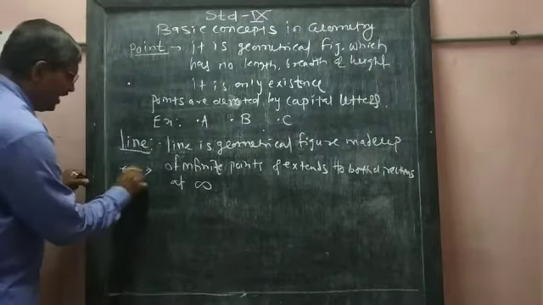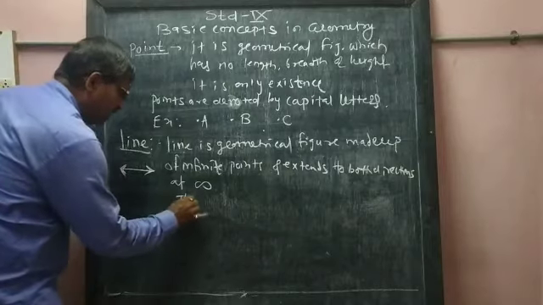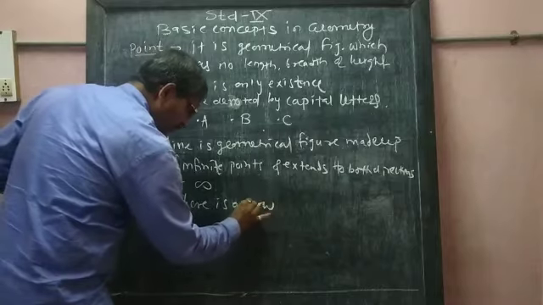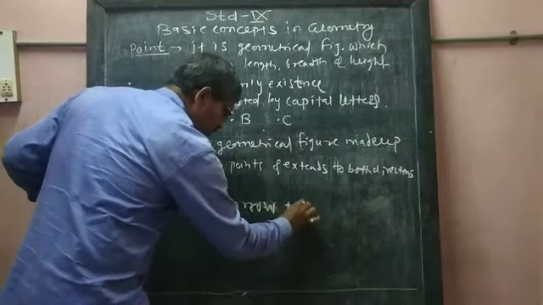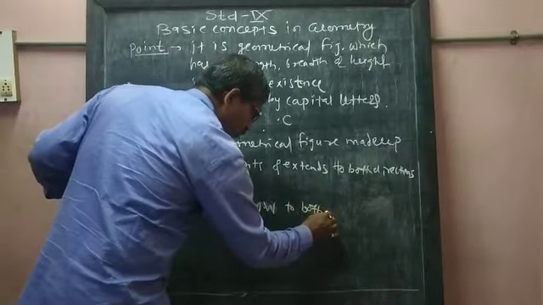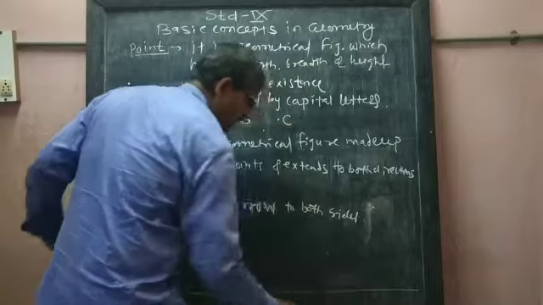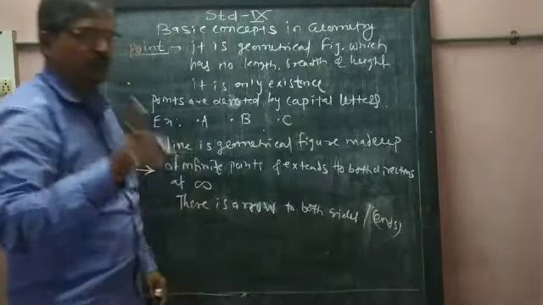Here is line L. Okay, there is an arrow mark, there is an arrow to both ends, to both sides. Actually a line has no end.